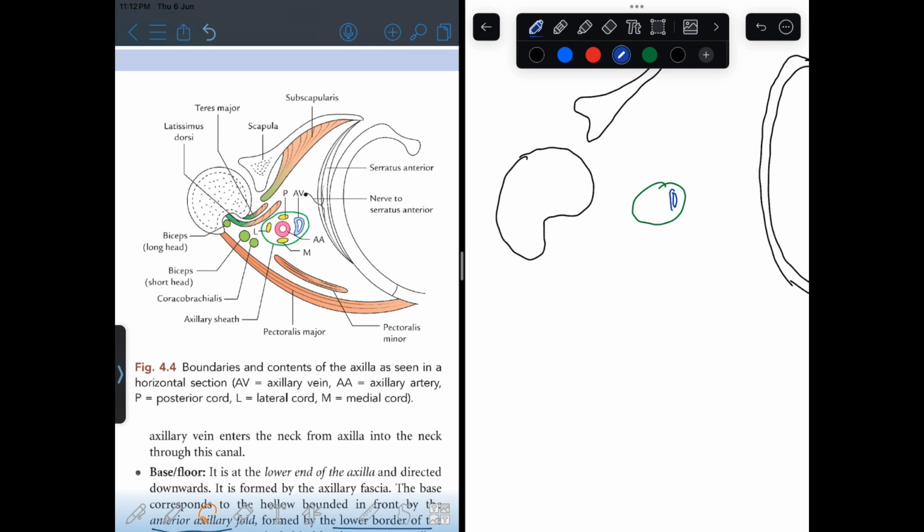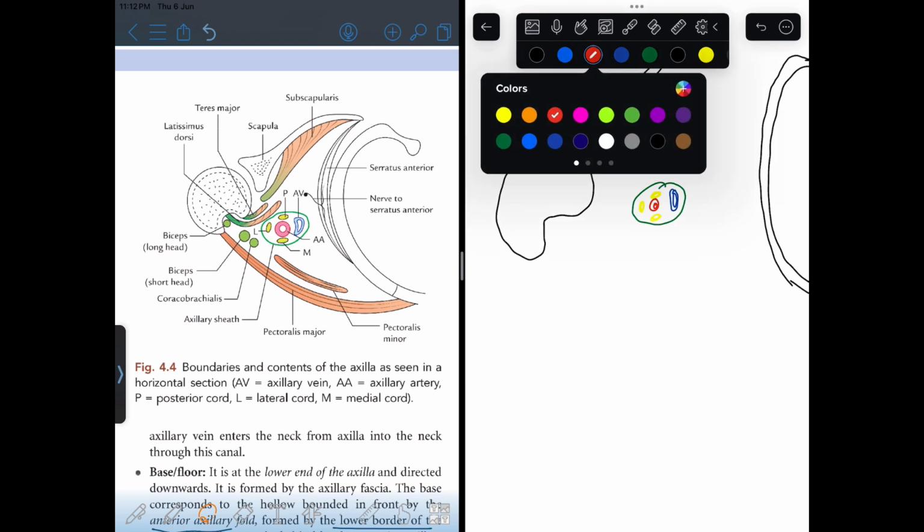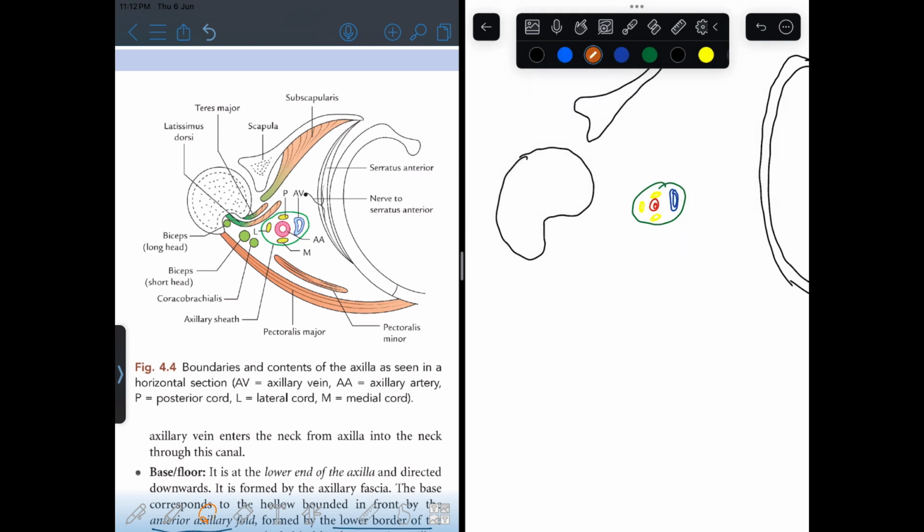We have the axillary vein, the cords of the brachial plexus, and the axillary artery. Now coming on to the muscles. First we'll draw the subscapularis muscle.